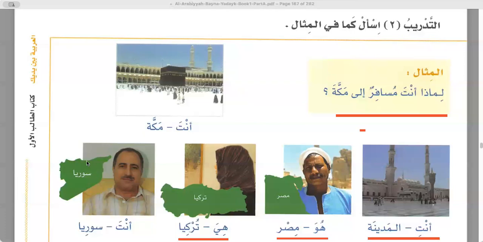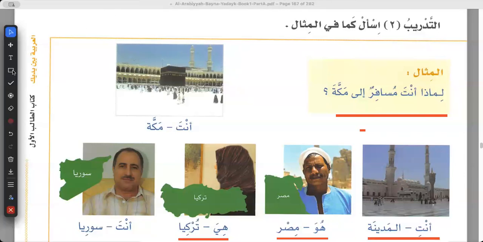Who's taking that? Number 640. لماذا أنت مسافر إلى سوريا؟ بارك الله فيك.